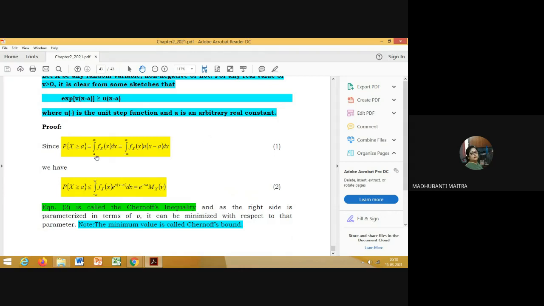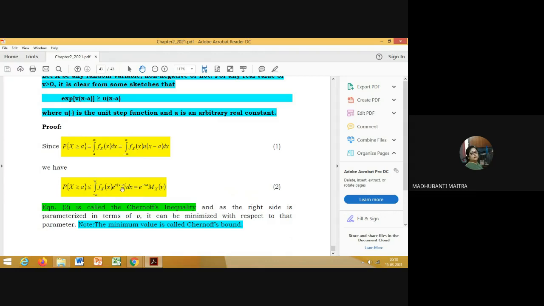So from this we can write that this probability will be less than or equal to, as we have already seen this inequality, so we replace this by this. So we define the function as f(x) e to the power v(x minus a) dx, and we are taking integration from minus infinity to infinity.